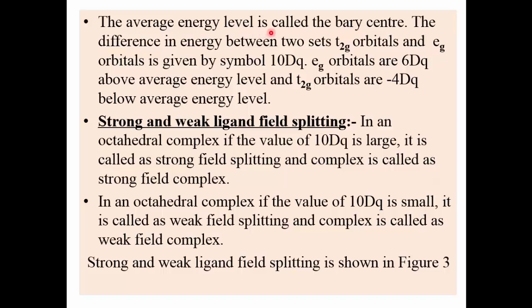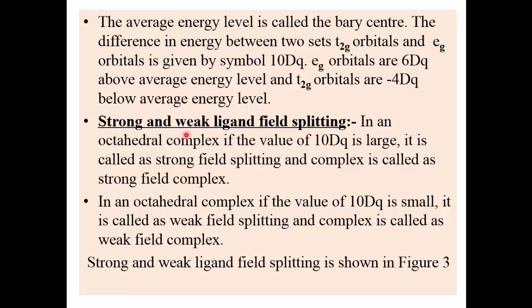The average energy level is called the barycenter. The difference in energy between the two sets of T2g and Eg orbitals is given by the symbol 10 Dq. Eg orbitals are 6 Dq above the average energy level and T2g orbitals are minus 4 Dq below the average energy level, as we discussed in the last slide.